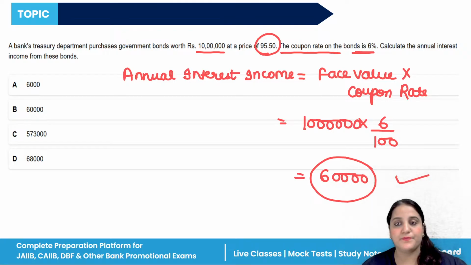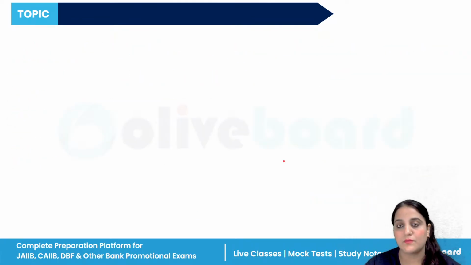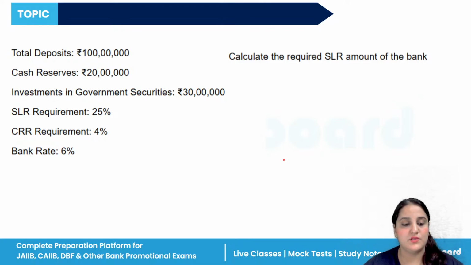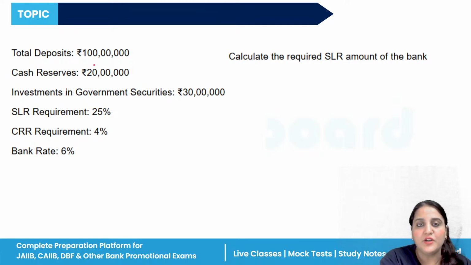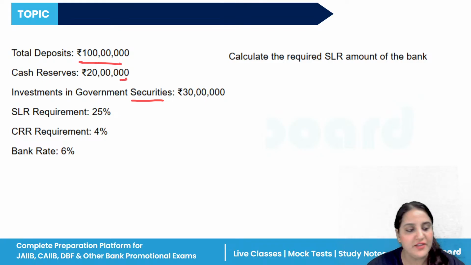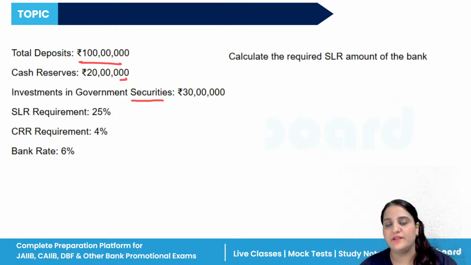Next question. Okay. Now in this question, total deposits are given, cash reserves are given, investment in government securities is given, SLR requirement is given, CRR requirement is given, bank rate is given.